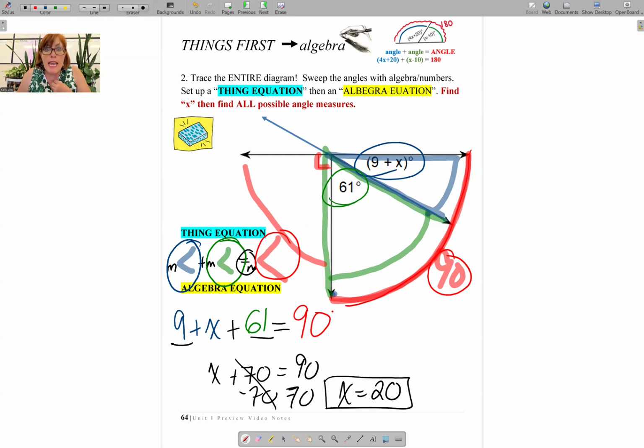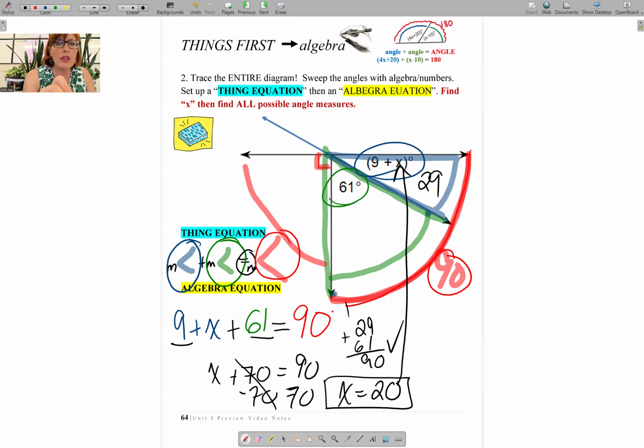Geometry never stops. Algebra was all about x. You solve for x, you're done. X is only a stepping stone to something else. So we're going to take that x, we're going to plug it in right there, and 20 plus 9 is 29, which, let's do a check, 29, 61, add 10, carry the 1, 90, check, that works.